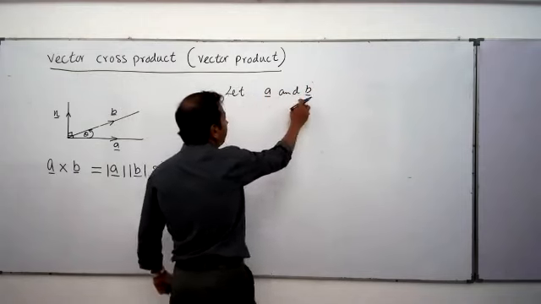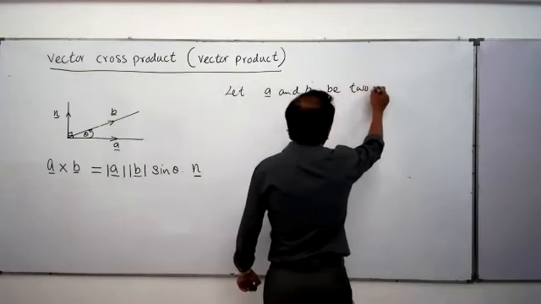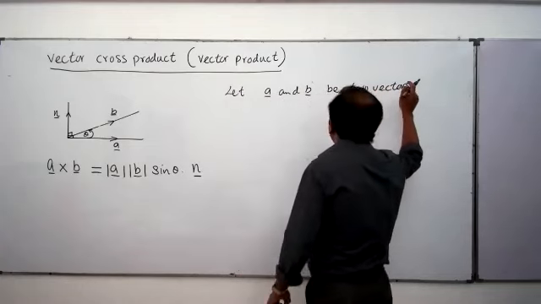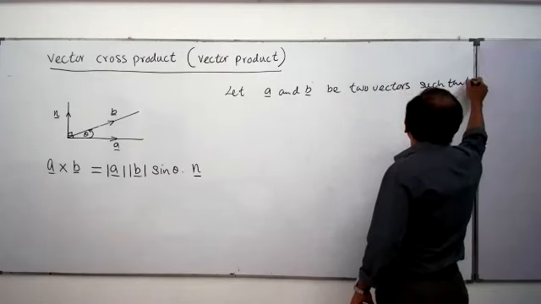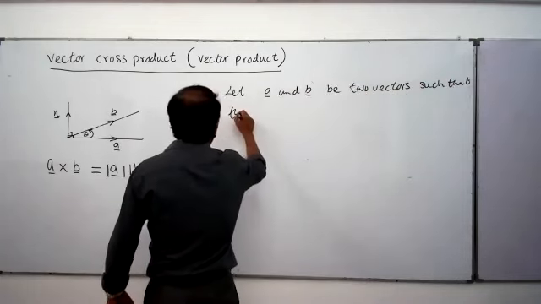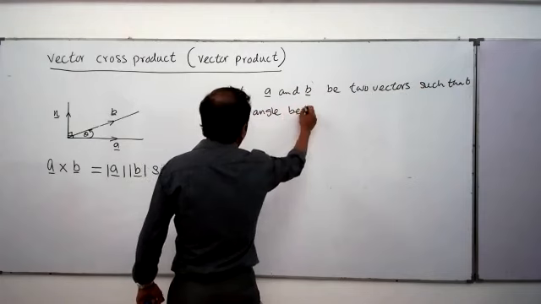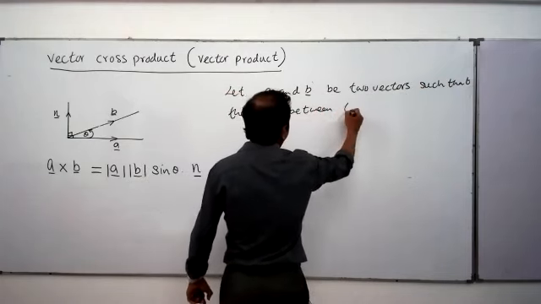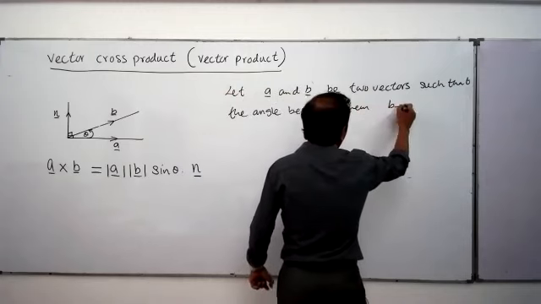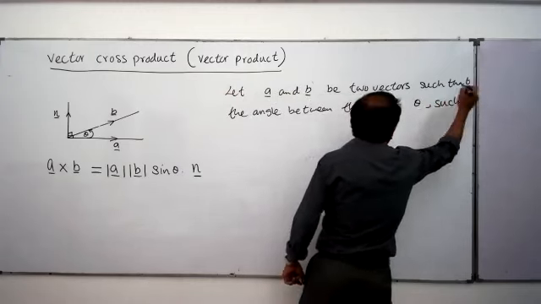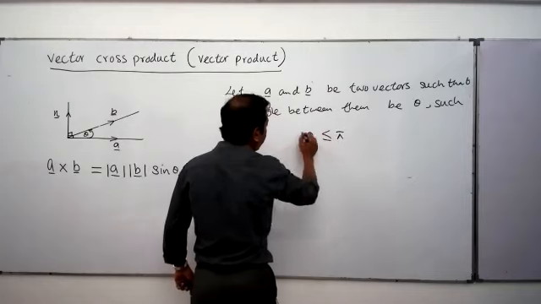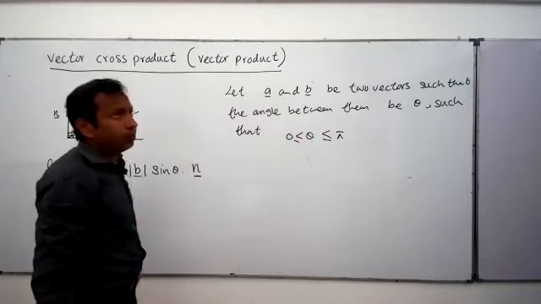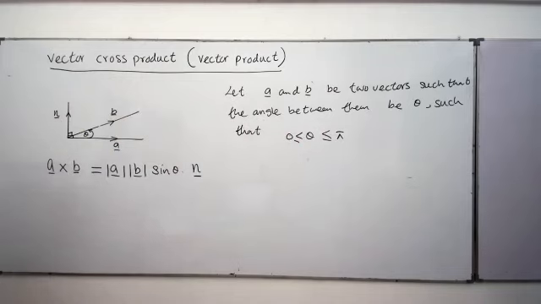Let simple A vector and simple B vector be two vectors such that the angle between them be theta, such that theta is less than or equal to pi, greater than or equal to 0. Right. Now people, draw this diagram.